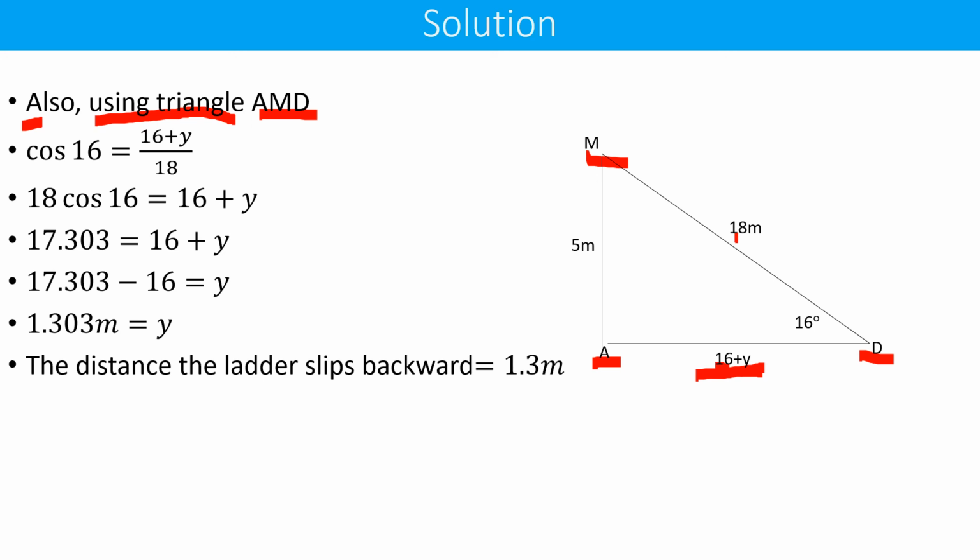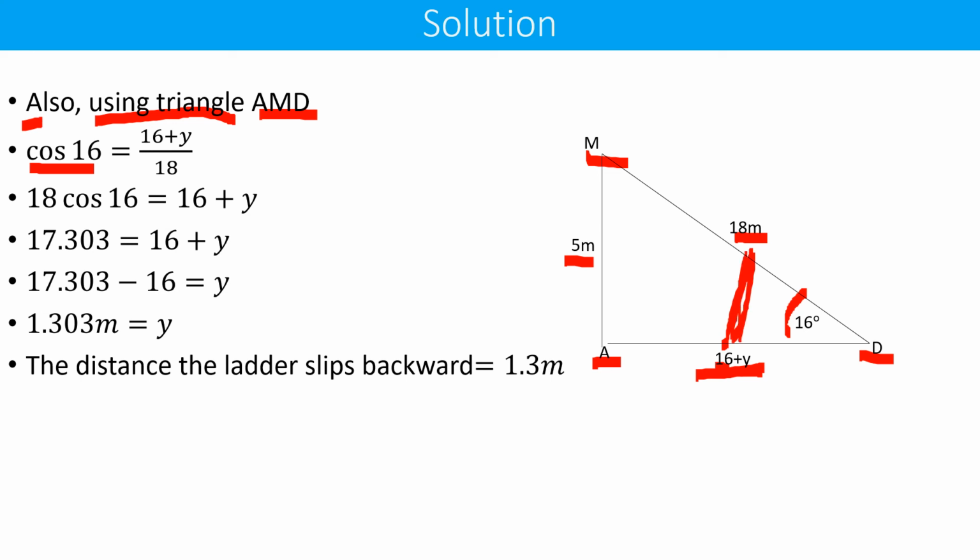Then the length of the ladder is still 18, the height is 5. We can use Pythagoras theorem or trig, and the angle is 16. So cos 16, because we are looking for this side, then we have the hypotenuse, so we use cos, adjacent over hypotenuse.